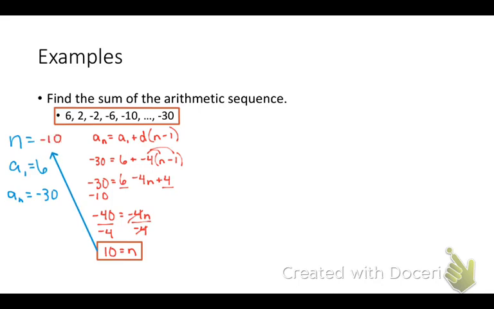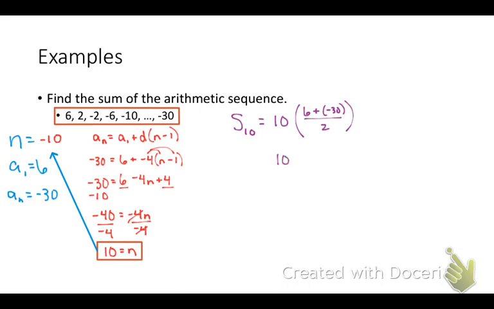Now I can complete the sum of my series. It'll just go straight into my formula of S sub 10, and I'll have 10 times the first term, so 6, plus negative 30, divided by 2.